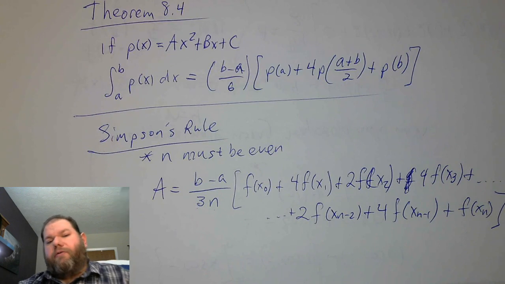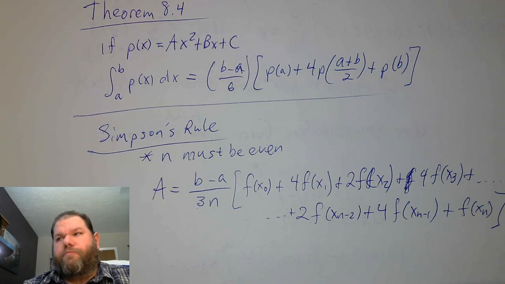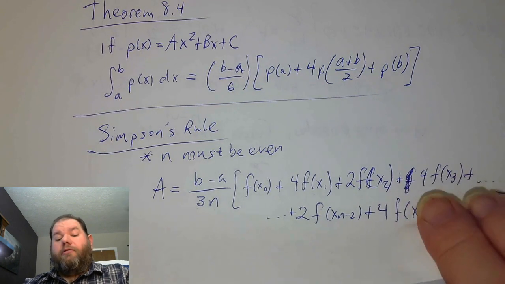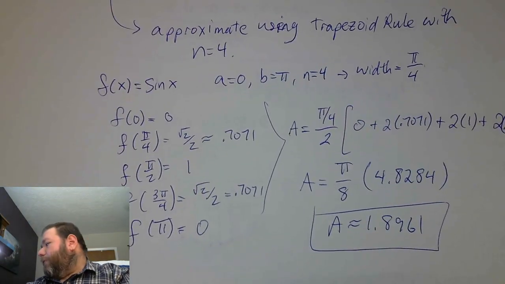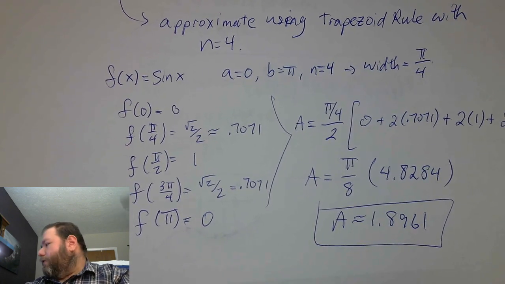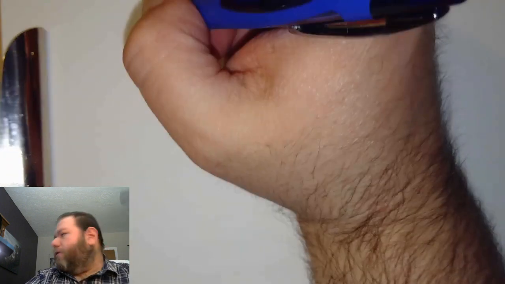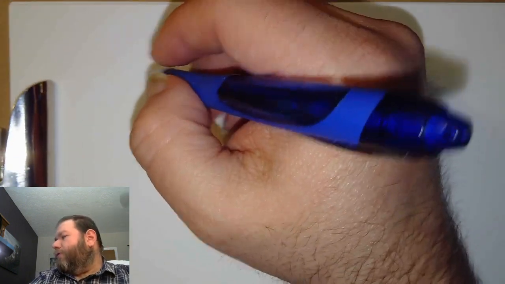Let's go back to our sin x problem that we talked about before. Notice that for sine of x with trapezoid rule we got 1.8961. Let's try the same integral with Simpson's rule.